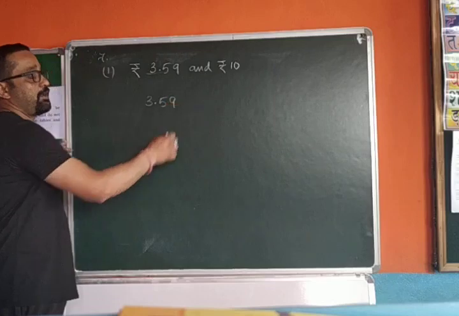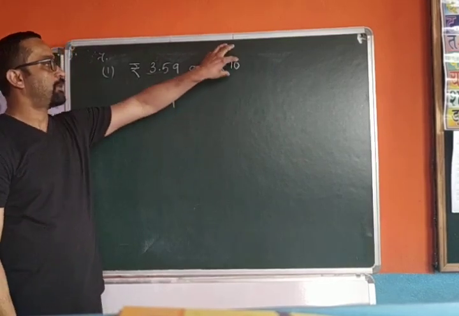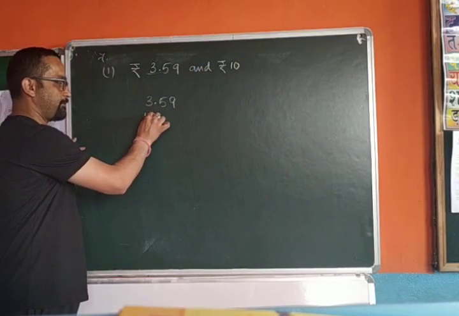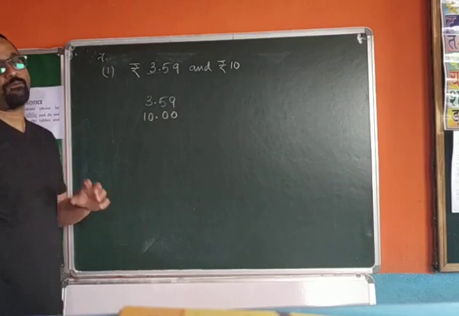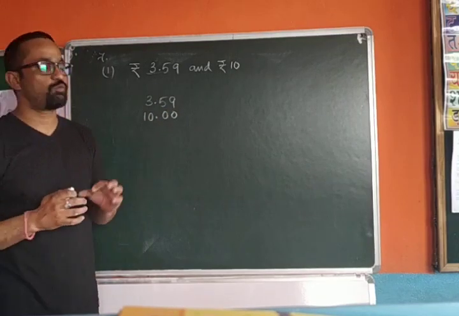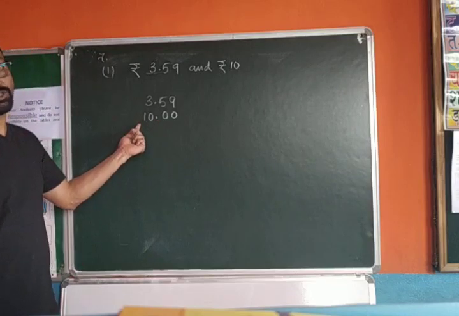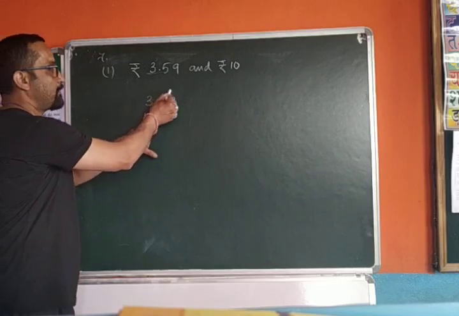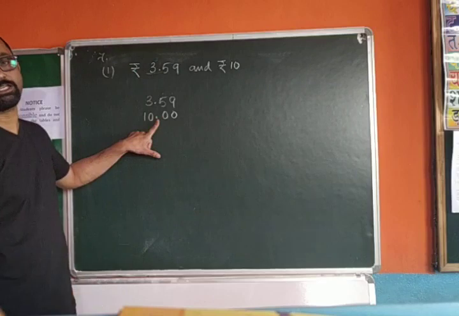3.59. Similar addition of decimals, it is a whole number, so we write 10. Put decimal, then 2 zeros. When you add a whole number with decimal, the whole number is always written on the left hand side. Then you put decimal, look at the decimal places and then put zeros accordingly.